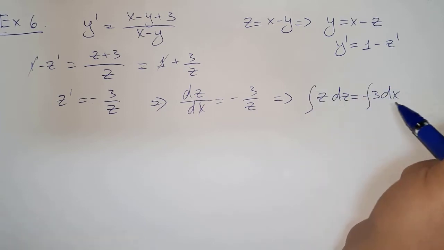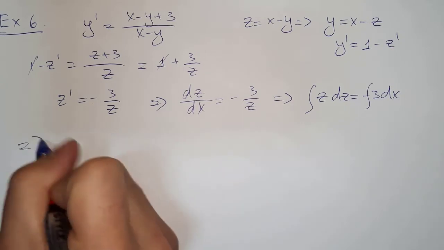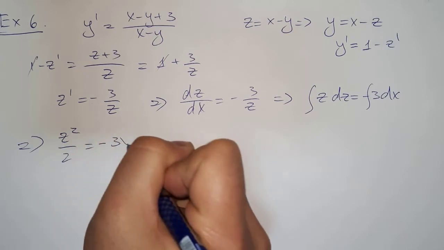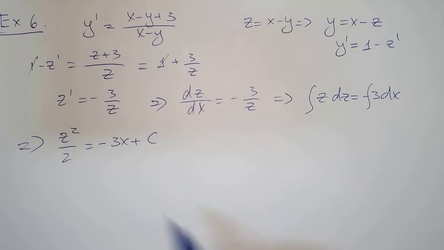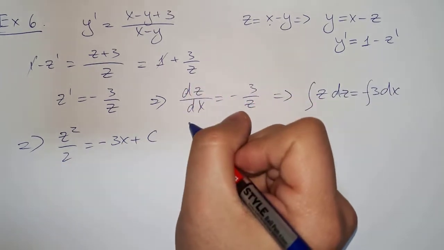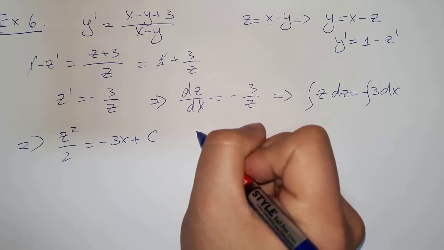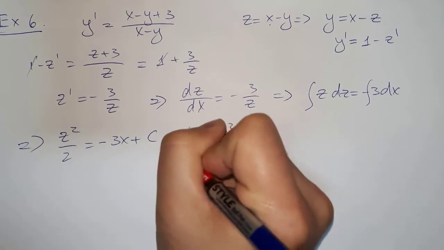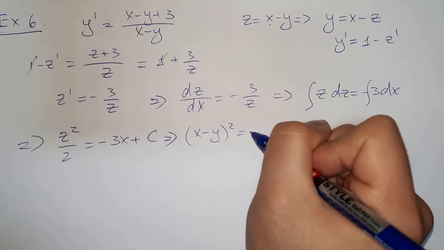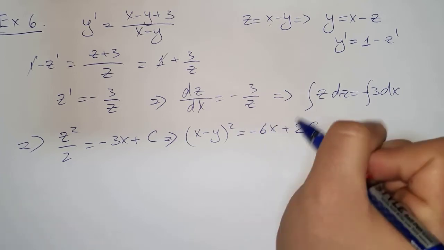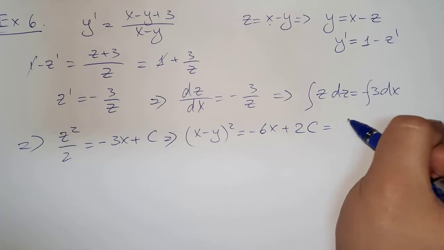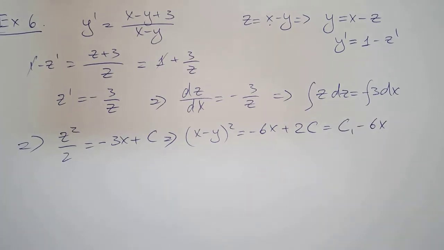Let's integrate both sides of our equation, and hence we'll get z squared over 2 equals minus 3x plus c, a constant. Now, since z is x minus y, let's do the inverse substitution, and we have (x minus y) squared equals minus 6x plus 2c, or we can just replace it with another constant, so it will be c1 minus 6x.